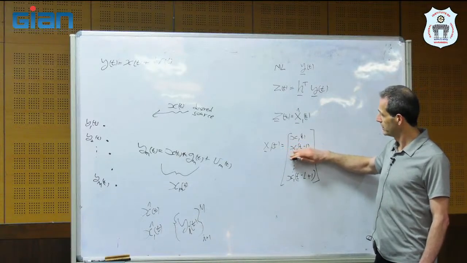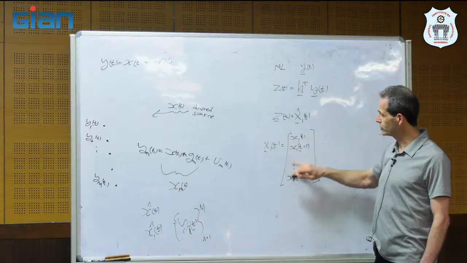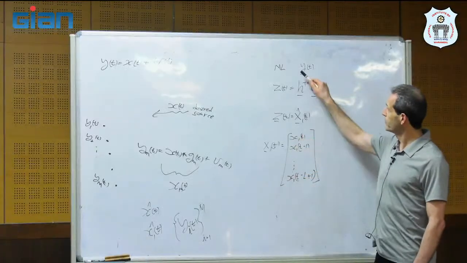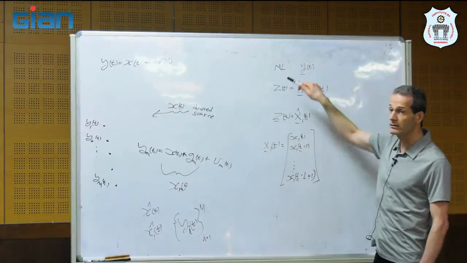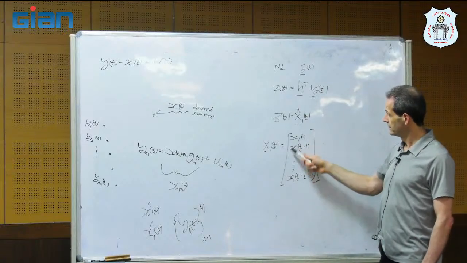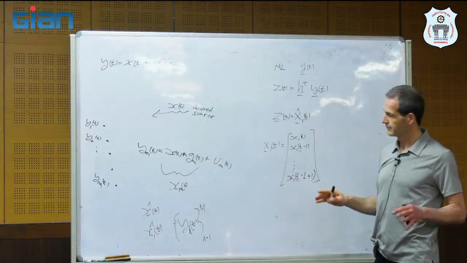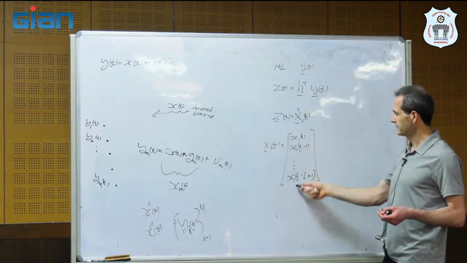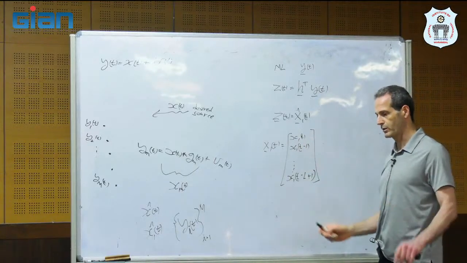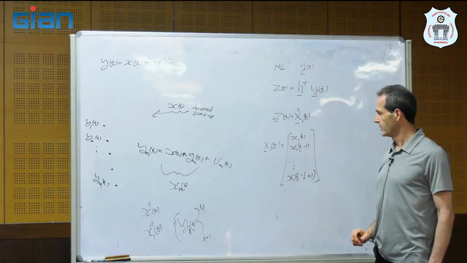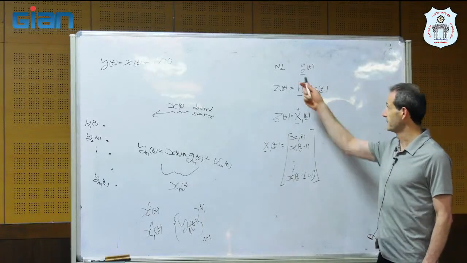The more samples that I try to estimate from this vector, I reduce the computational complexity because I estimate a whole block of samples from the same information.